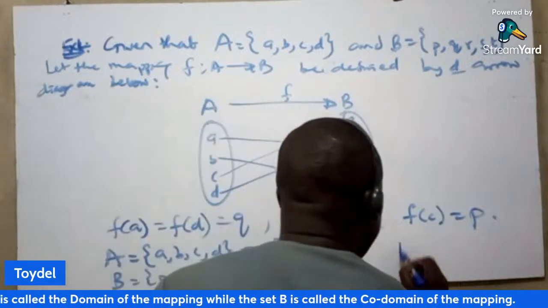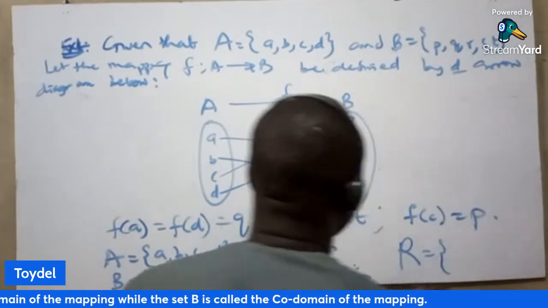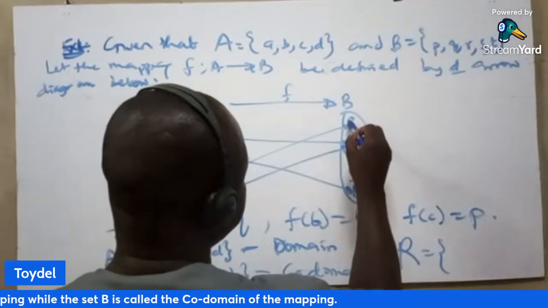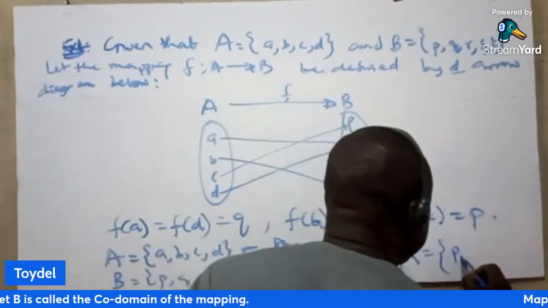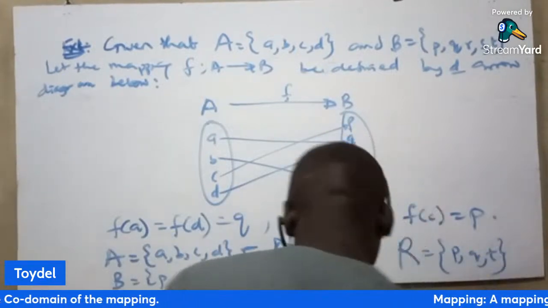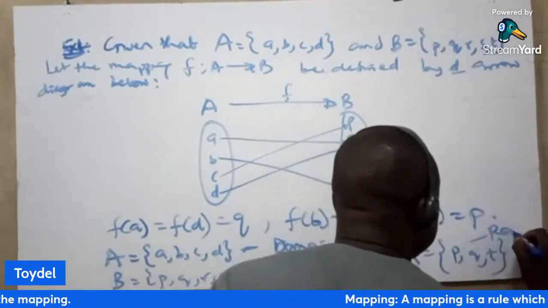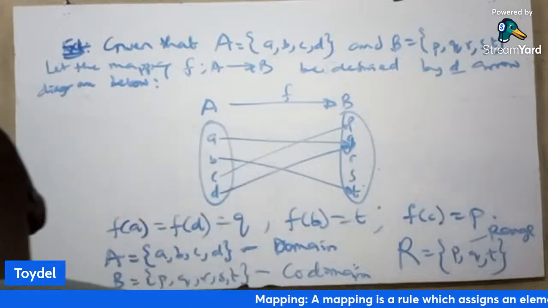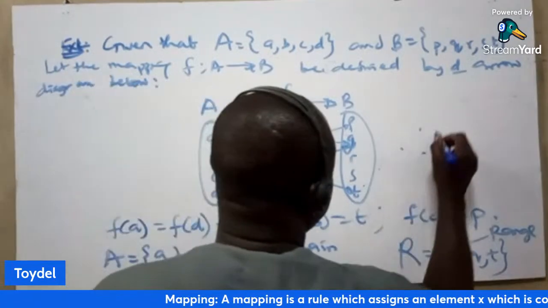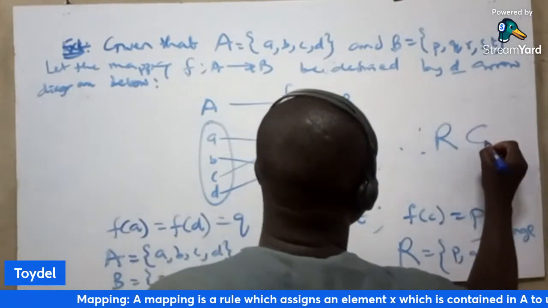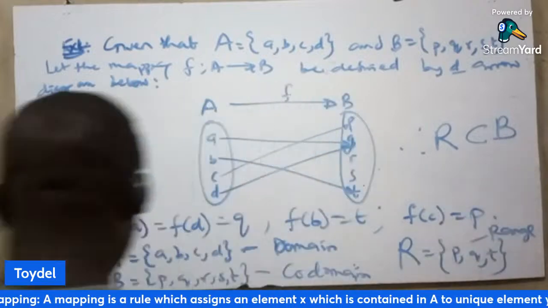Then there's another set, which we call the range. The range will now be P, Q, T. So this one is called the range. You can see that the range here is a subset of the codomain, and that is what I want to establish.